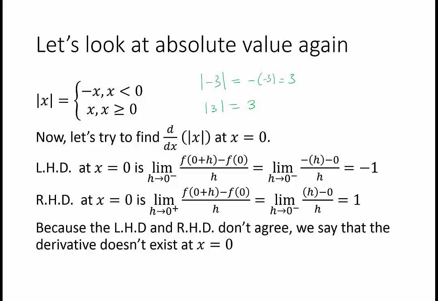And what happens when I get negative h divided by h and take the limit of that? I get -1. On the right-handed side, I've got this going on, but now h is just barely positive, which means I have to use this definition. The value of f of 0 plus h is just going to be h. And when I take its limit, I get 1. These don't agree, and therefore we say the derivative does not exist.